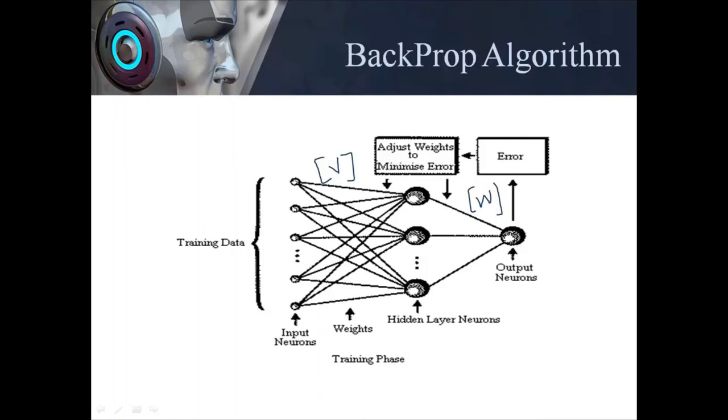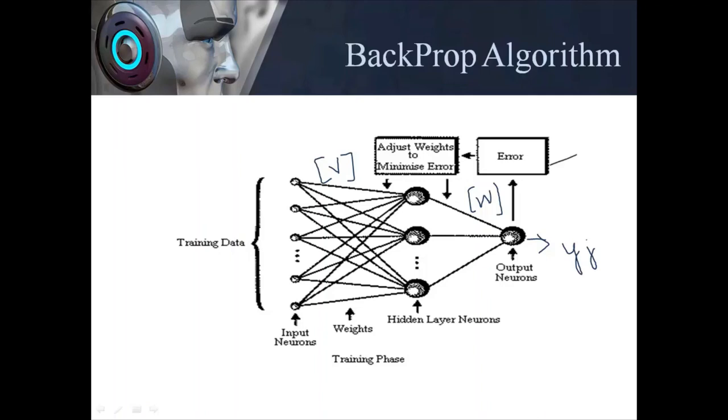First, using these initial random weight values, we compute the outputs of the hidden layer. These outputs serve as the inputs to the output neuron, and then we finally get the output here, which is nothing but yj.